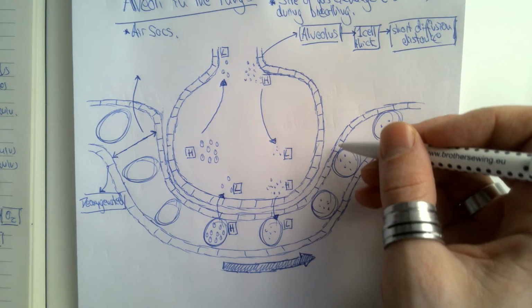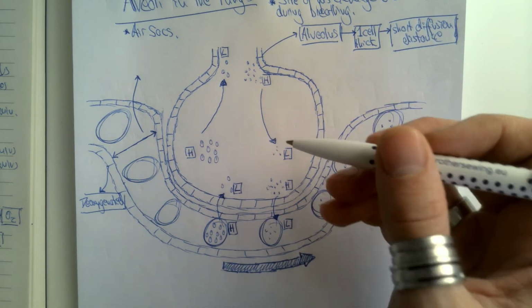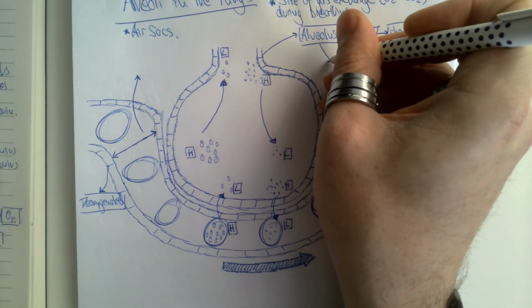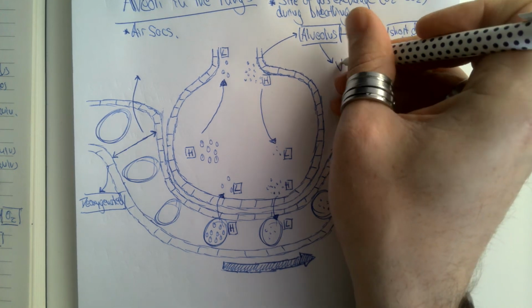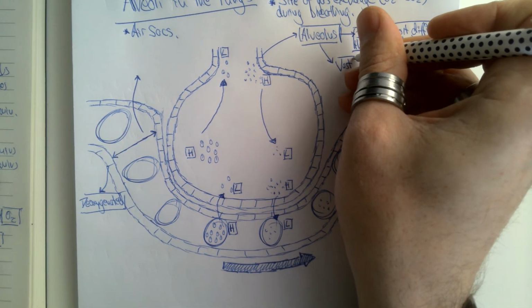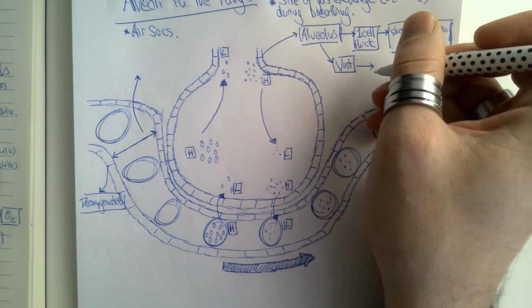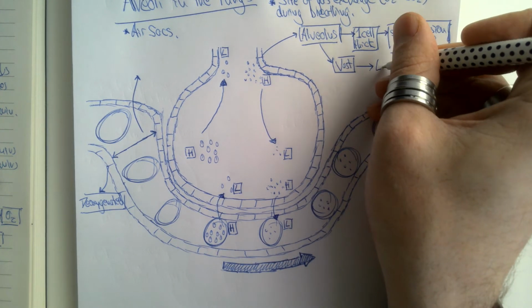Now, because they are like large air sacs and there are so many of them, the other thing to remember is that because they are so vast, and they're all inside both of the lungs, they give the lungs a large surface area.